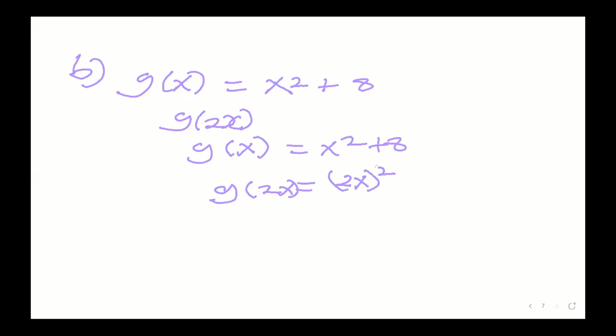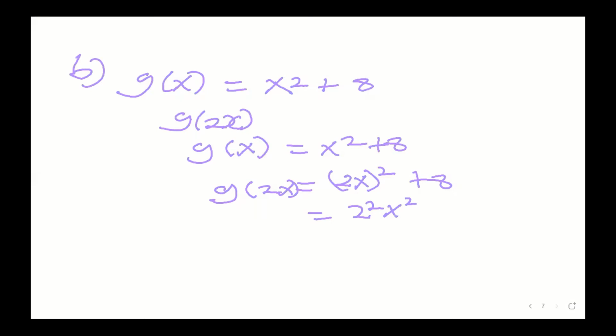Don't square only one number. That's the mistake that students make. You have to square the whole number here. It's 2x, it is a single number. Therefore, you have to square it, plus 8. It will go into 2, 2 squared and x squared.